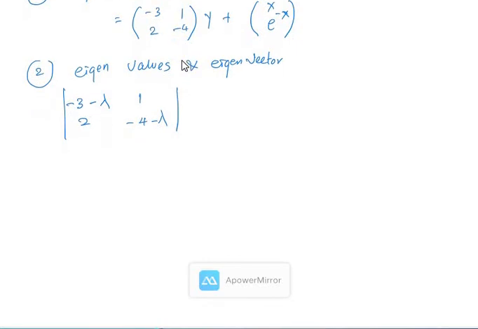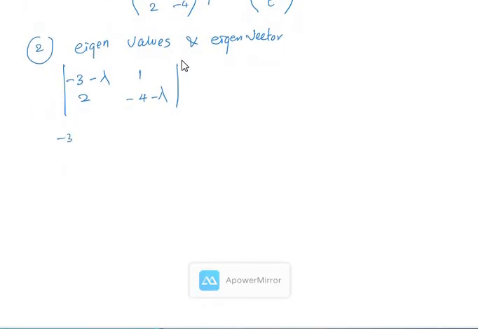Okay, and then -3 minus lambda multiplied with -4 minus lambda, minus 2 times 1 equal to 0. So -3 times -4 and then times negative lambda, so you get 12 plus 3 lambda.